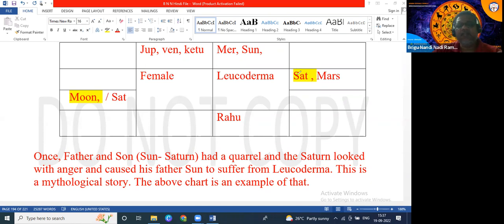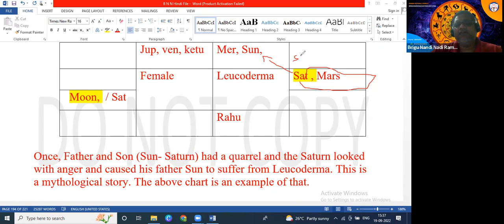So here only angry Saturn with Mars is aspecting Sun. Sun is Surya Bhagavan. Based on this mythological story, we are giving an example. If anybody has this type of horoscope, then the native will get this leukoderma. But one thing: in every horoscope, Saturn and Sun are aspecting each other or conjoined.